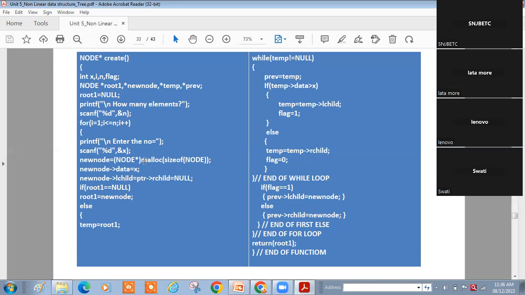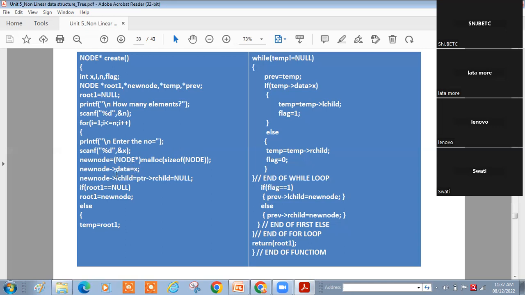As dynamic memory is to be provided, here we have to use the malloc function. To create a new node, the data type is node, and using the malloc function you provide memory. This is simply the creation of the new node. After creating the new node, you have to enter the data.